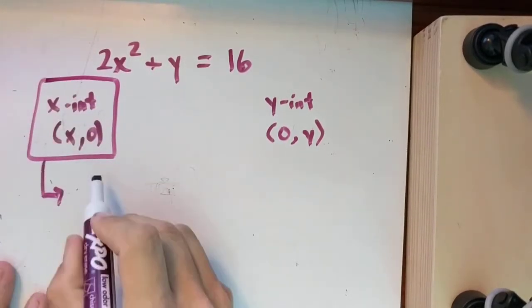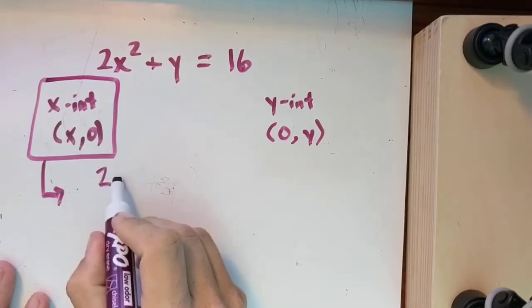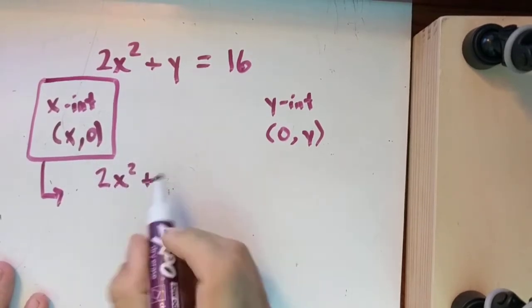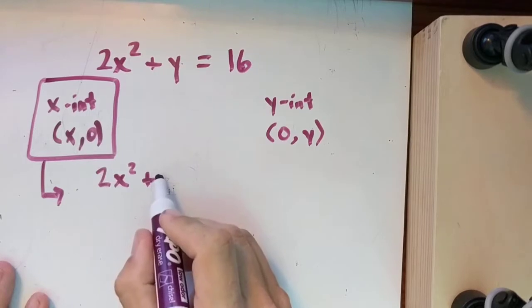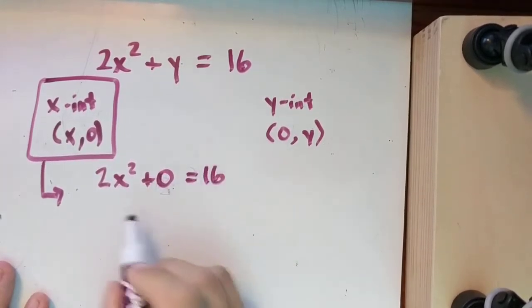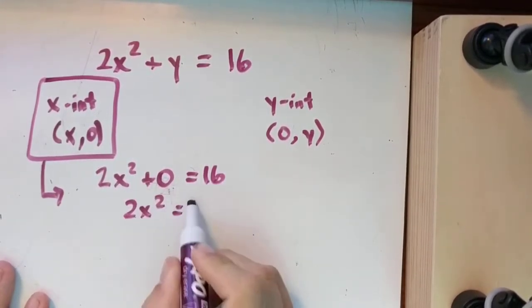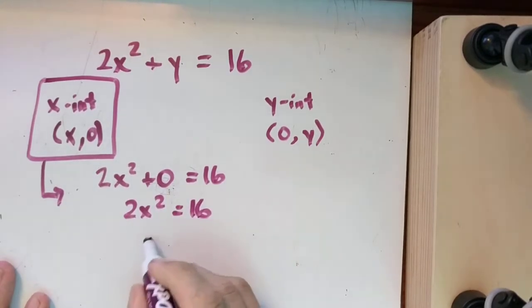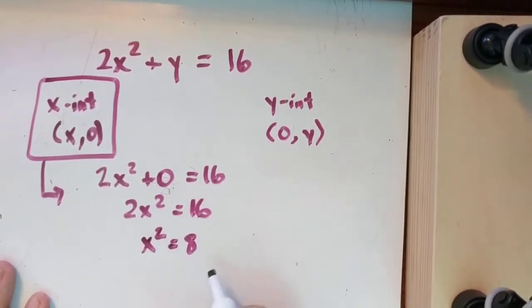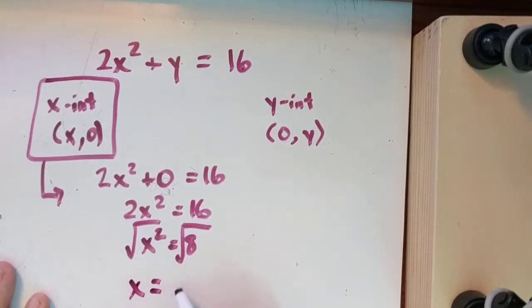So we'll have this problem first. We'll take 2x squared plus, now y is 0. So that just turns into 2x squared equals 16. Now we'll divide by 2 to get x squared equals 8, and then take the square root of both sides. And x is going to be plus or minus the square root of 8.